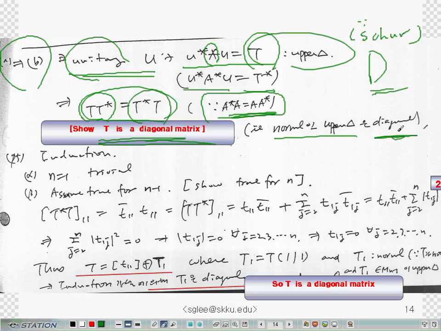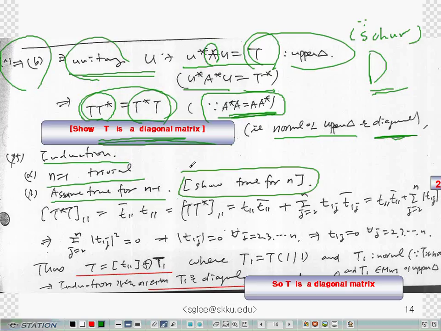This is what we are trying to show. We prove it by induction on the size of the matrix. When n is 1, definitely it is trivial. It's a 1 by 1 matrix. It is diagonal. Assume true for n minus 1. Now we show it is true for n.